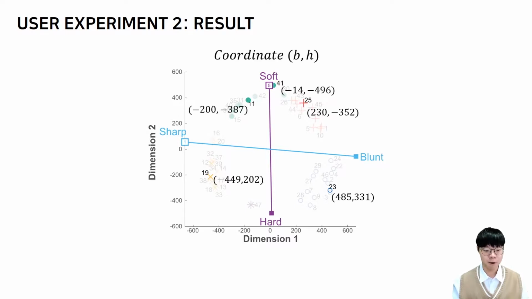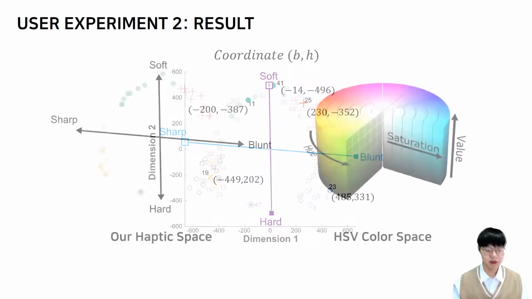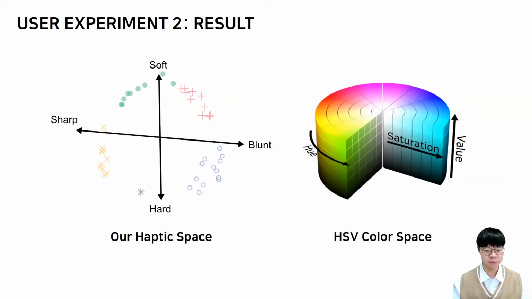The percept of each button can be represented by coordinate (b, h), where b is the button position projected to the sharp-blunt axis, and h is the button position on the soft-hard axis. We can understand the perceptual relation between various augmented buttons, and this is similar to the HSV model for color perception and representation. For a detailed description of the other dimensions, you can find them in our paper.